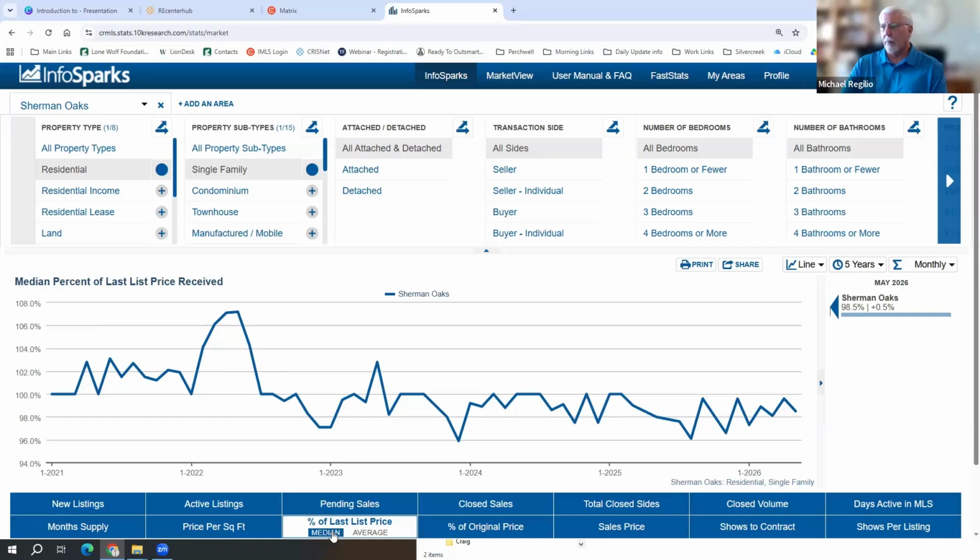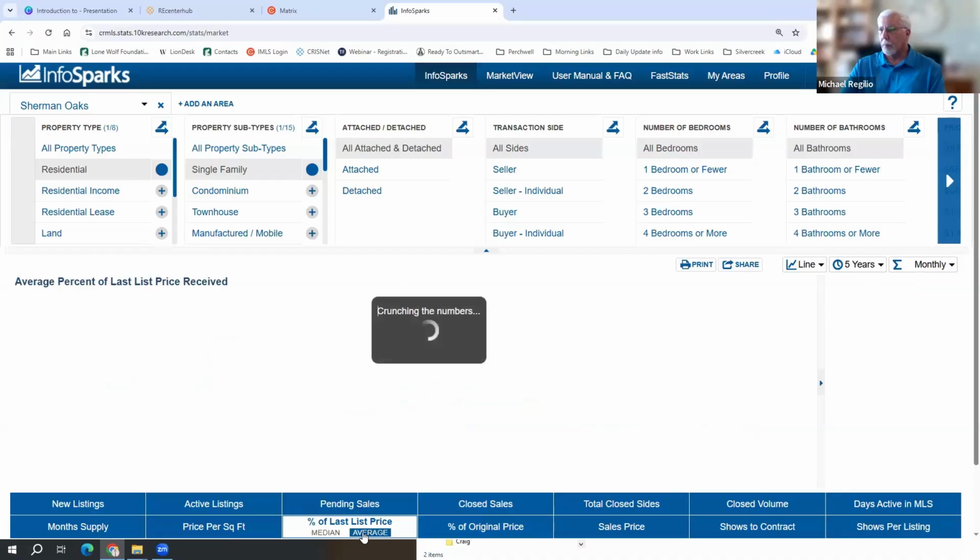So here we have a median and an average. The properties that closed in May closed at 98.5% of the listing price. So they reduced it about 2%, right? And that is about 0.5% more than the difference was a year ago.